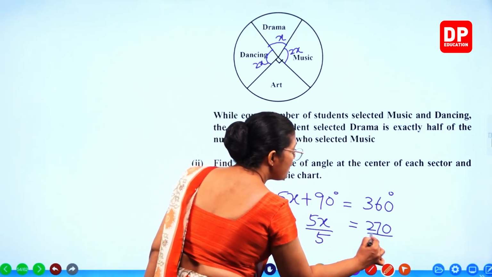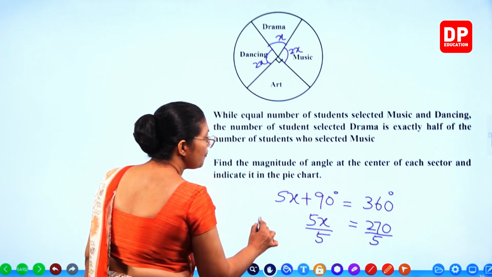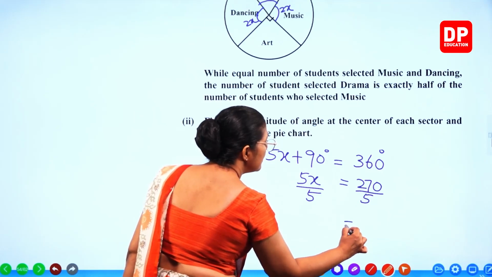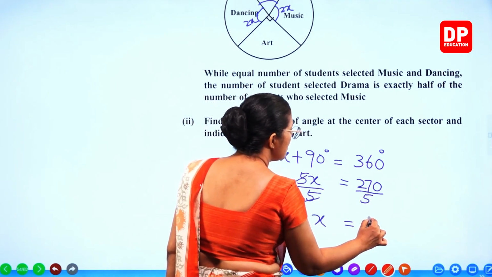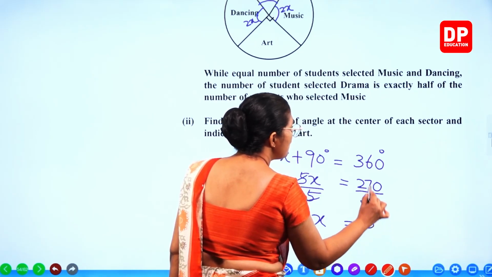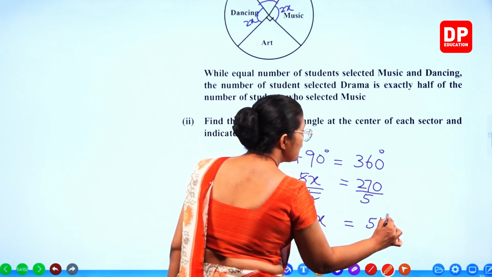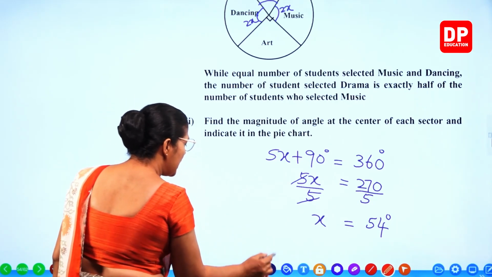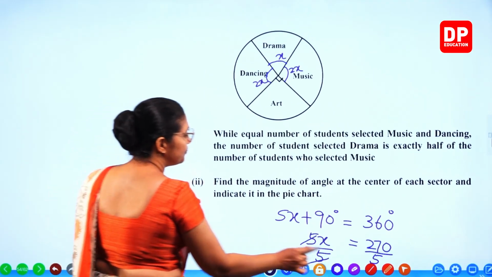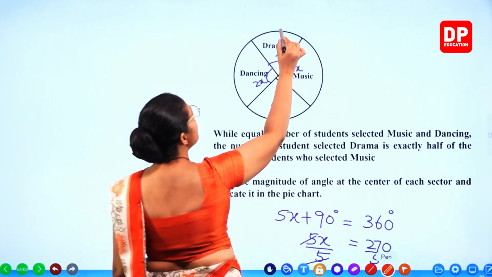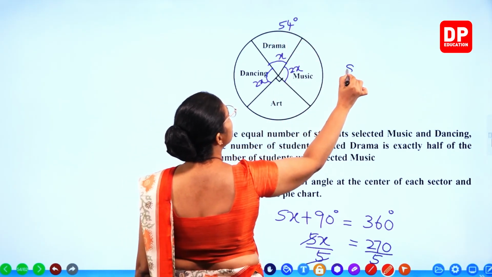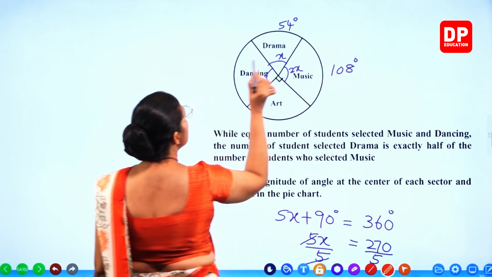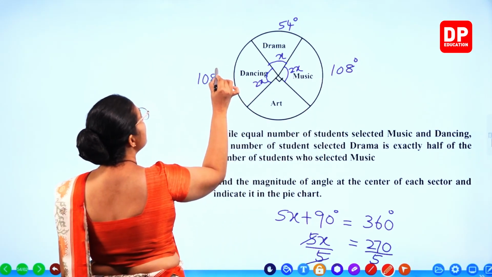Divide by 5, you get x equals 54 degrees. So that means this angle is 54. This is double of that, 108, and this is also 108.